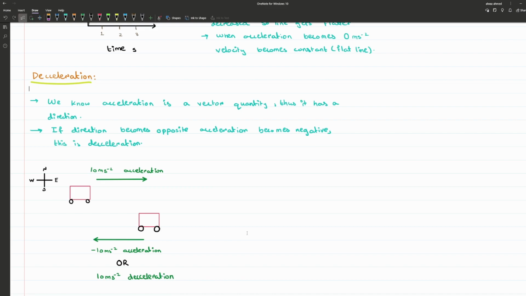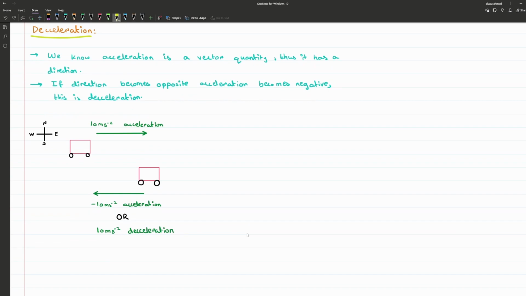I've got an example, so let's see. We've got this cart here which is accelerating with an acceleration of 10 meters per second squared towards east. Okay, in the second example here, we've got the same cart which is going in the opposite direction, accelerating with an acceleration of minus 10 meters per second squared.